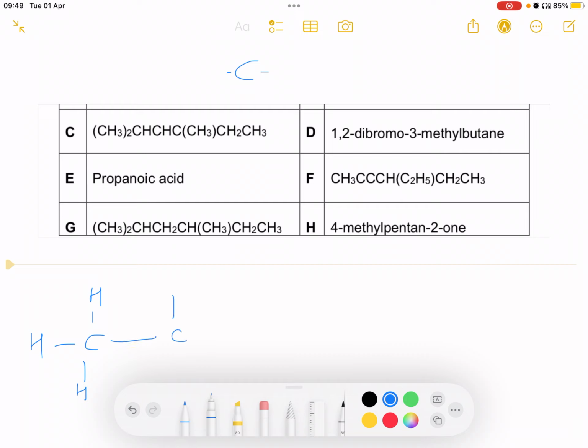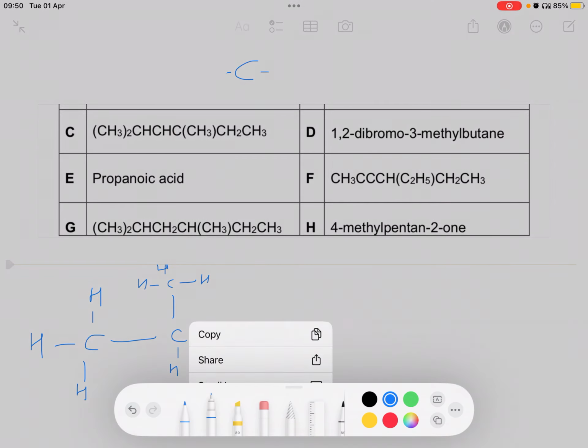There's two CH3s actually, so I draw them here and here. Those two CH3s are attached to a carbon that is attached to a hydrogen, which in the picture is here.